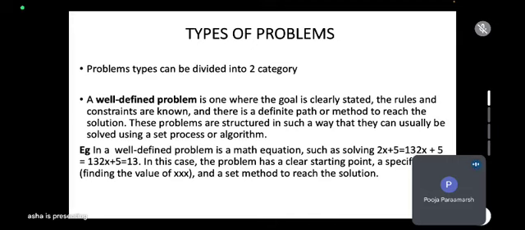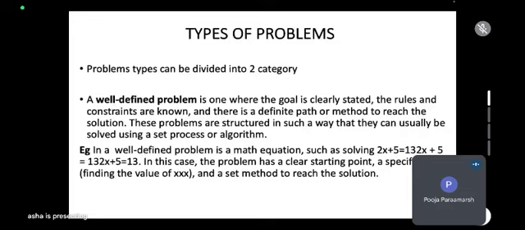In this case, the problem has a clear starting point and a specific goal, which is: what is the value of x? If we know the method, we can easily find the value of x. This type of clear method and solution for one particular thing is called a well-defined problem.